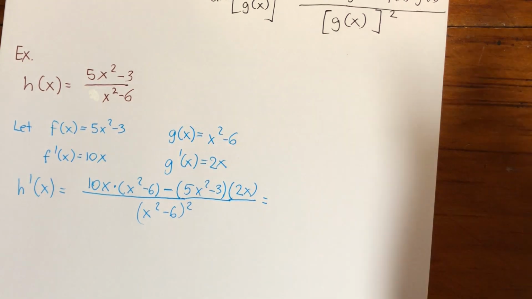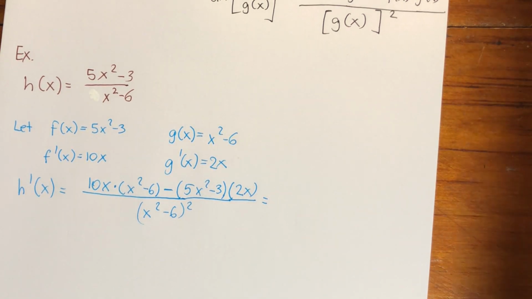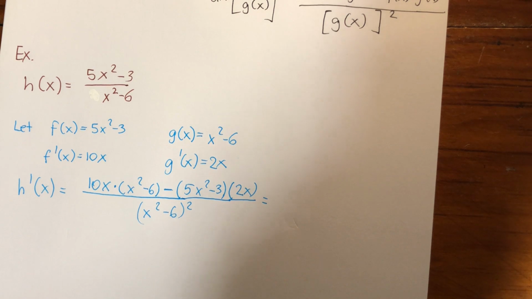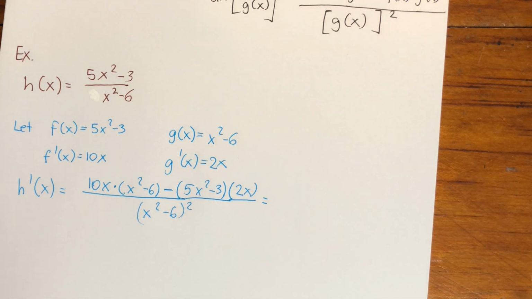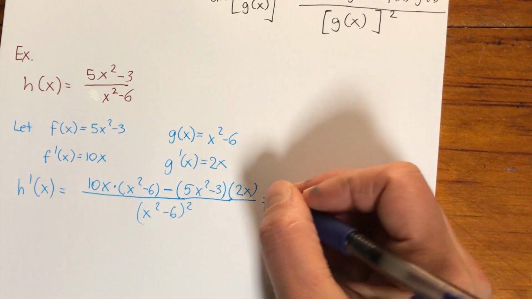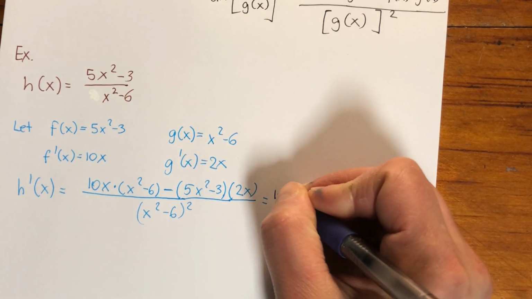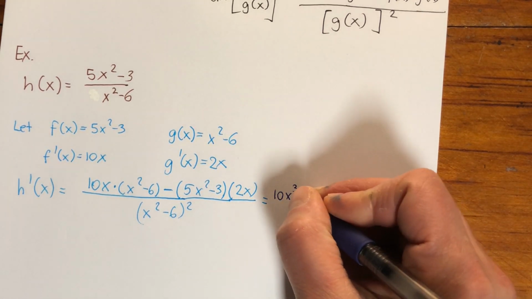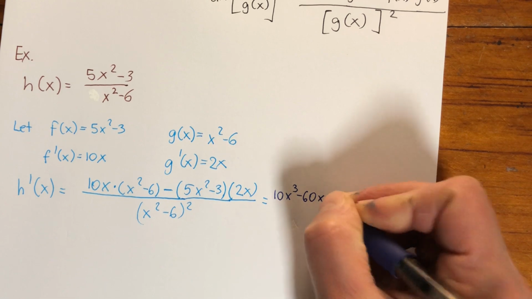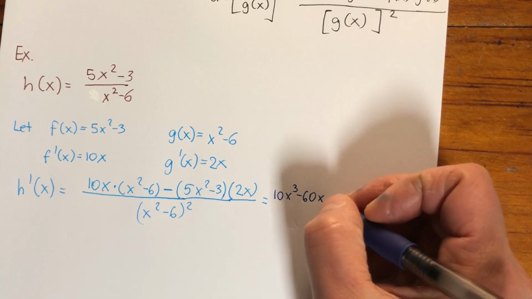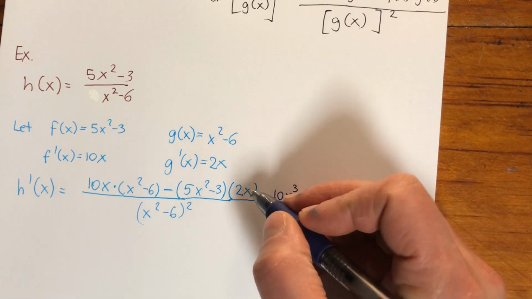All right, lots of algebra. The algebra skills are extremely important. Let's not make a mistake, because we will have to do it over. Well, I will have to do it over, and it's really late. So let's see. The distributive property, 10x to the power of 3 minus 60x. I am going to be extremely careful with the signs.